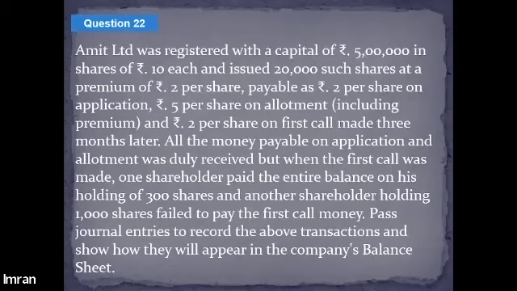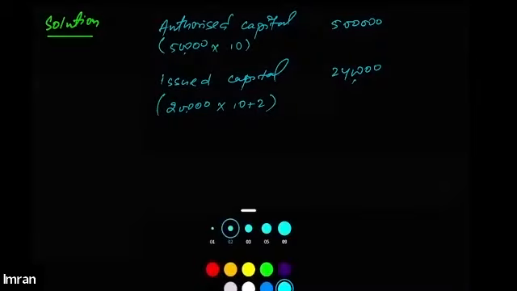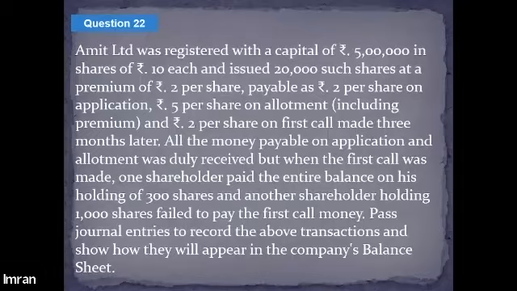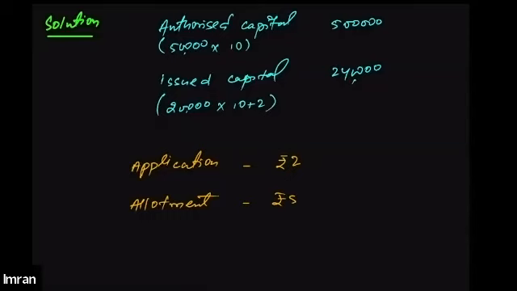Now the company tells us about the way they are going to receive this payment. The company says that we will be collecting 2 rupees per share on application. Then on allotment, we will be receiving 5 per share, including premium. 5 rupees, including premium, basically means 3 rupees for the allotment and 2 rupees of premium.